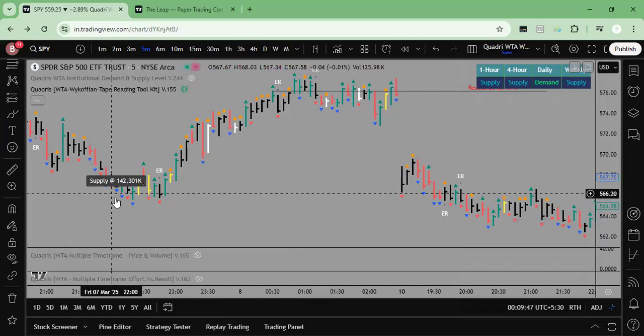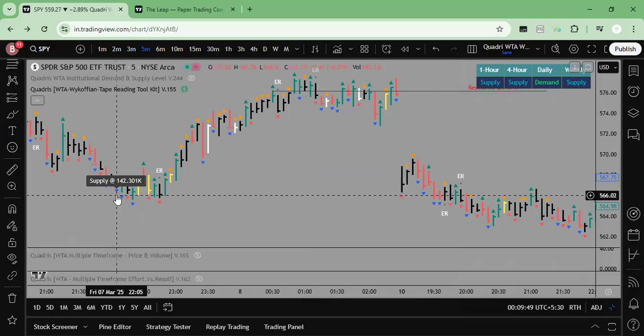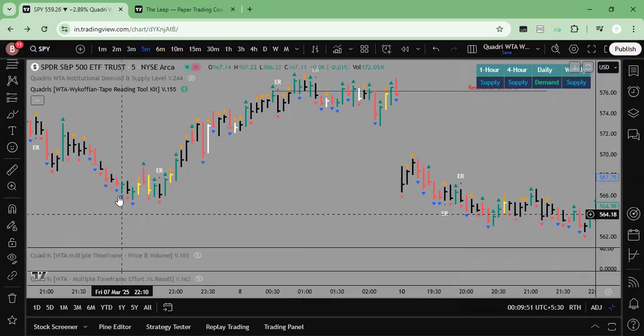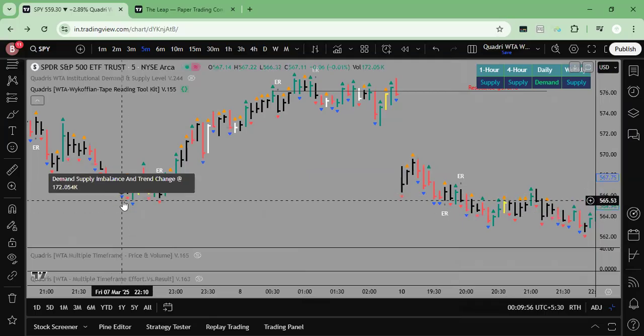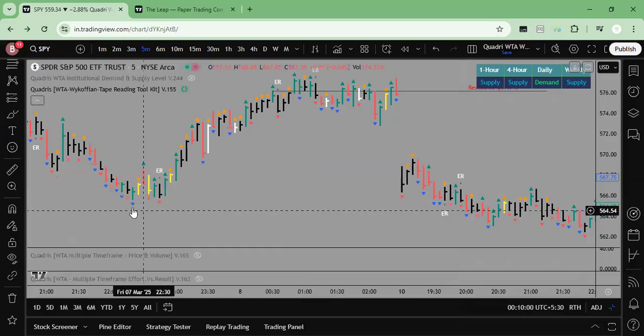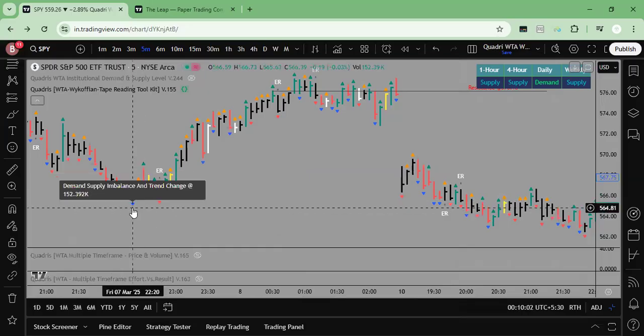For example, for the downward triangle, this is telling us supply is greater than demand. Here you can see demand supply imbalance and trend change. You can bring the mouse over the tip of the triangle and you will come to know what has happened.